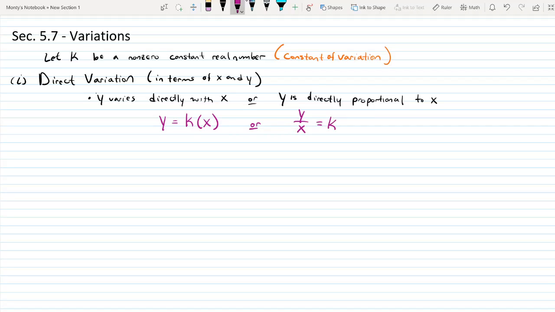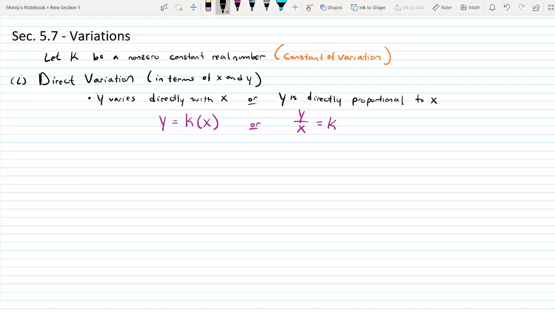I put this here because y is directly proportional to x. Reviewing section 5.6, a proportion is two ratios that are equal to each other. So there's your first ratio of y over x, and it's equal to some constant k, a real number that can be written as a fraction. So here is your directly proportional, reviewing section 5.6.